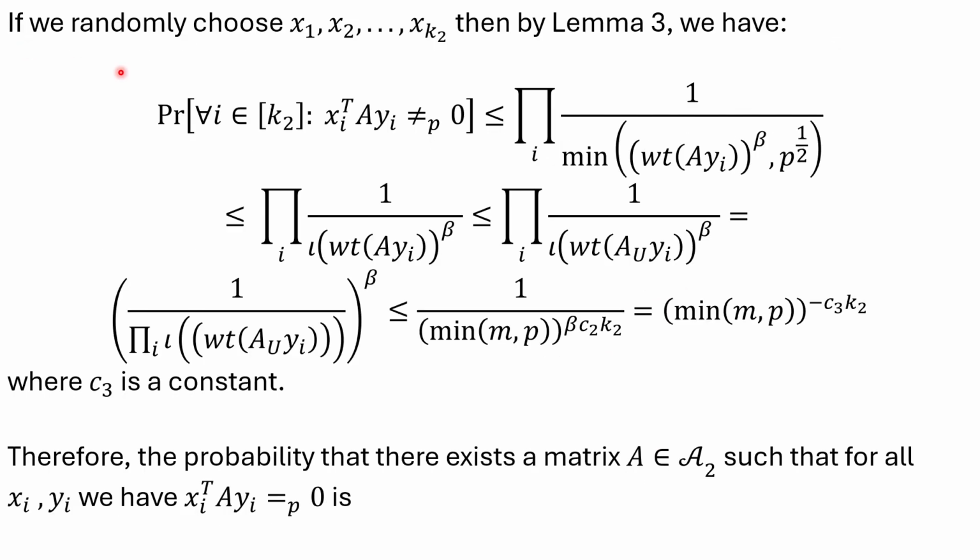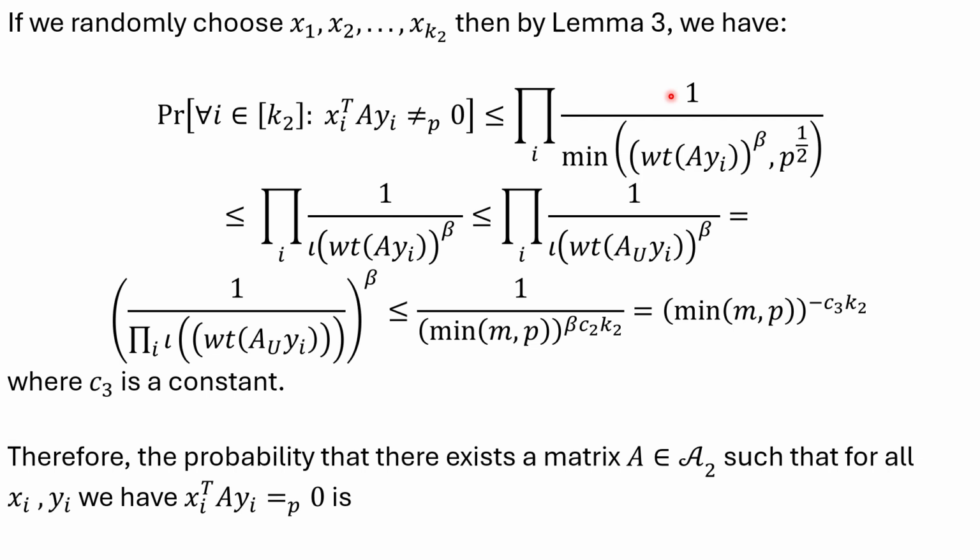If we randomly choose x1 to xk2, then by Lemma 3 we have the probability that for all i in k2, such that xi transpose A yi is not equal to 0, is less than the product of 1 divided by the minimum of the weight of A yi to the power of beta and the p root of p. This is from Lemma 3.